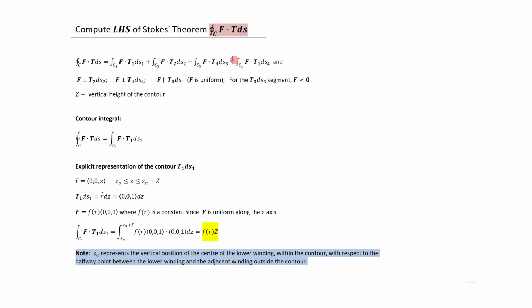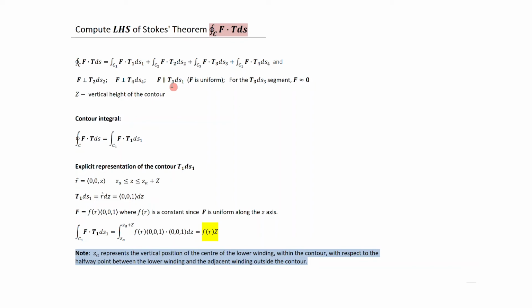All right, so let's compute the left-hand side of Stokes' theorem. Because there are 4 contour segments, we have each one of these. As I mentioned on the previous slide, F is perpendicular to T2 ds2, and F is perpendicular to T4 ds4. These are the 2 horizontal segments.